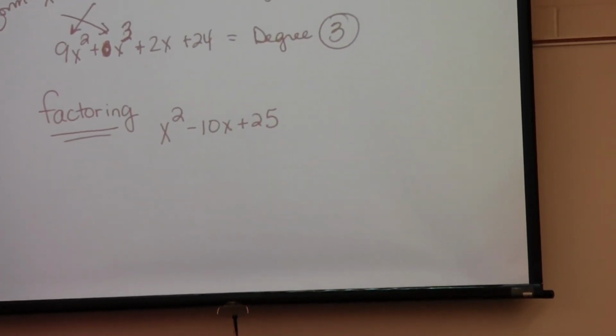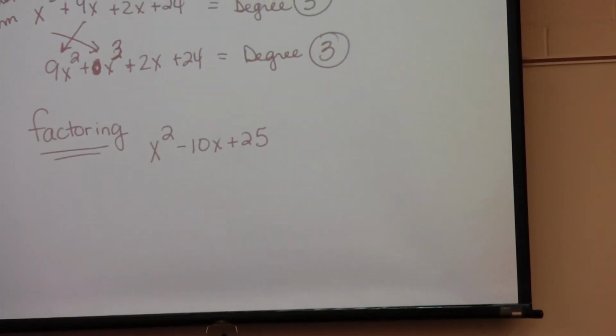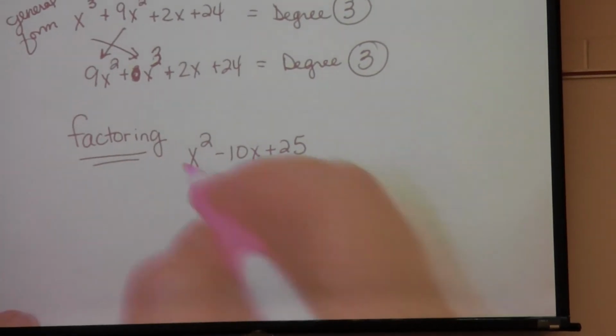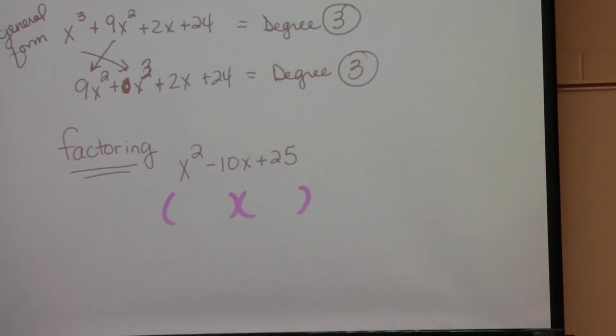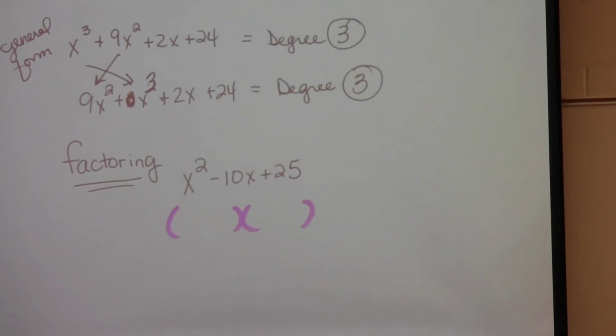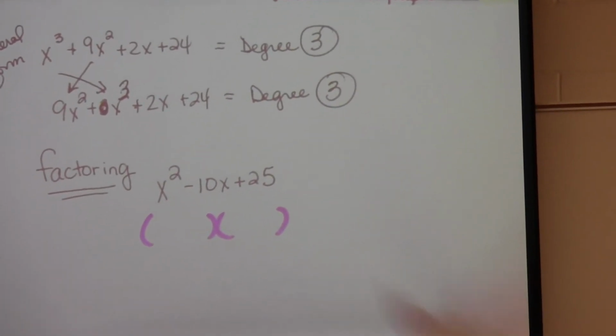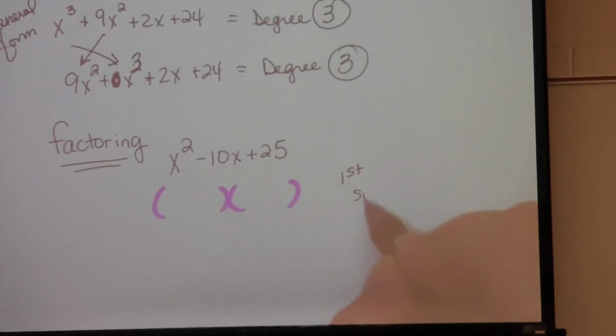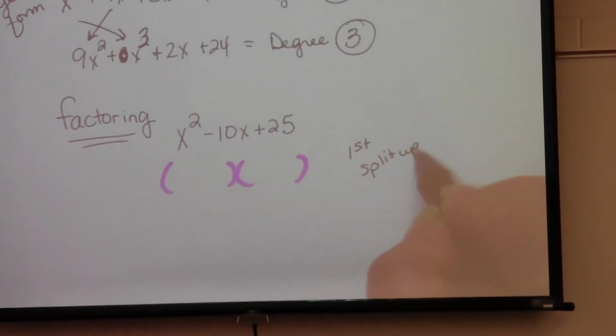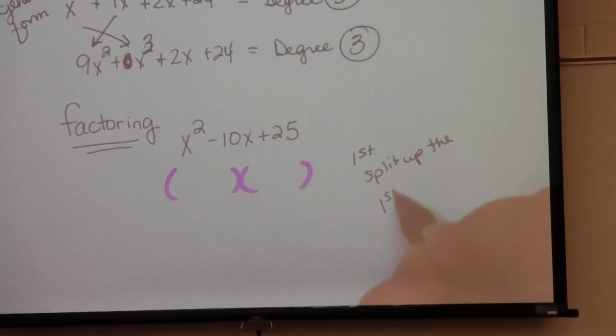So the first thing we have to do to factor is remember the factor means we want it to be in parentheses like that. So, when we are factoring, the first thing that we're going to do is split up the first number.